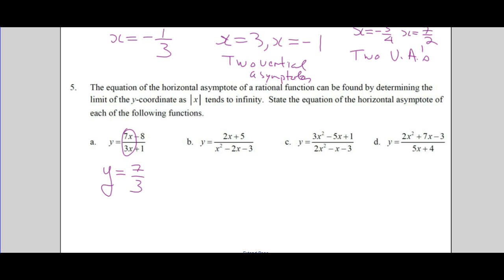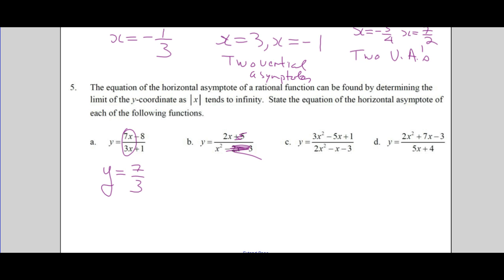In the second instance, again, we think: if x is 1 billion, is the 5 going to do anything? Nope. If you square 1 billion, is subtracting 2 billion from it really going to change its value that much? No, not really. Right, they won't have much of a contributing factor.